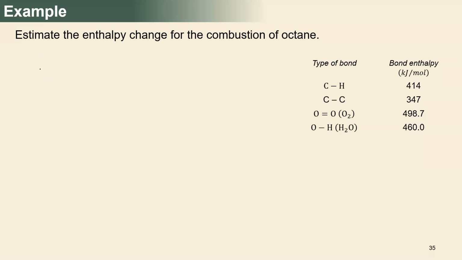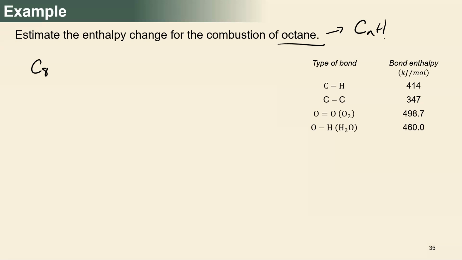So when we look at the combustion of octane, well, first, we have to remember all the way back to chapter 2. I know it's been forever and a day, but we have to remember what octane is, right? That's one of those alkanes. And so octane, how many carbons do you think octane has? 8. 8 carbons for sure.